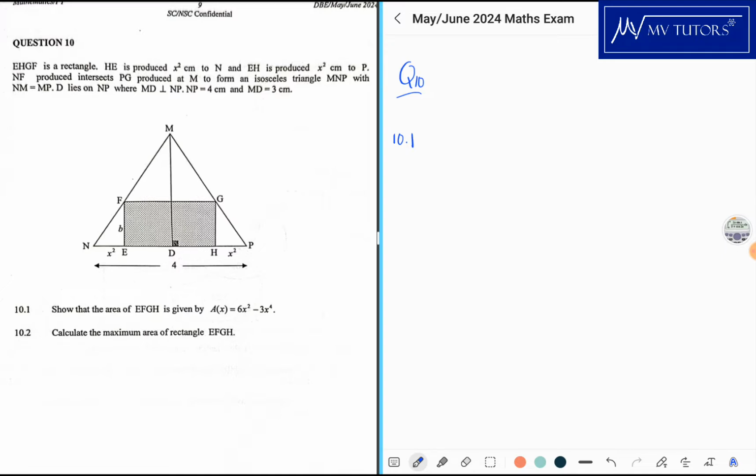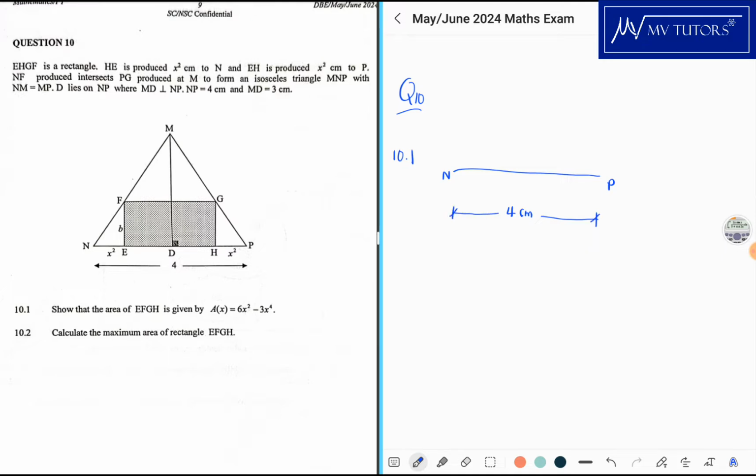Firstly, let me see if I can get the length of EH. Let us start there. Because I have NP, I'm just going to put it here. I have NP as 4 centimeters. That is the length of NP.